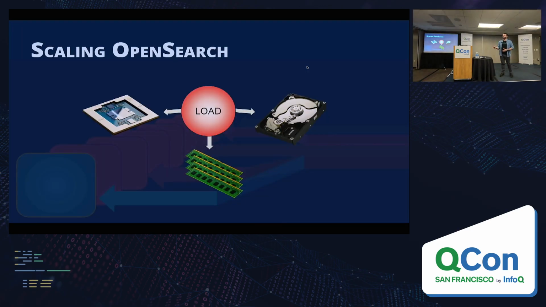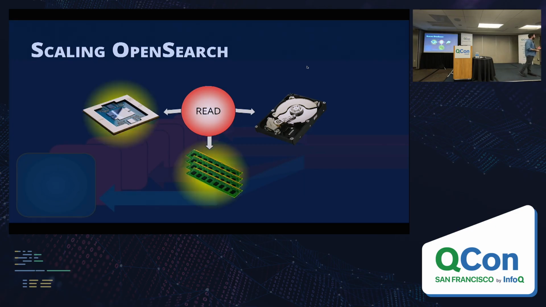When we're scaling OpenSearch, we're scaling hardware. So you have to think about these 3 elements that we're scaling. We're going to scale disk, we're going to scale memory, we're going to scale CPU cores. These are the 3 things we want to scale. The load splits off into these 3. Read load doesn't really affect the disk. So you can have a lot of read load or less read load.